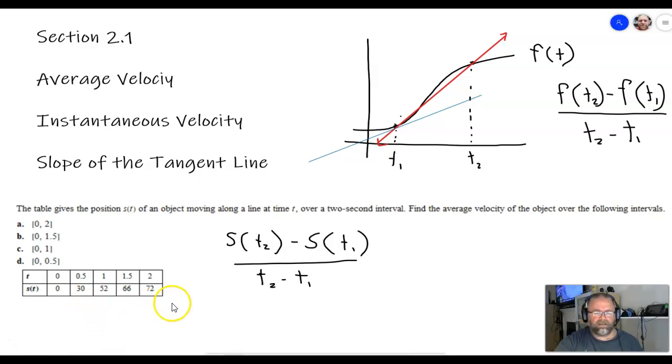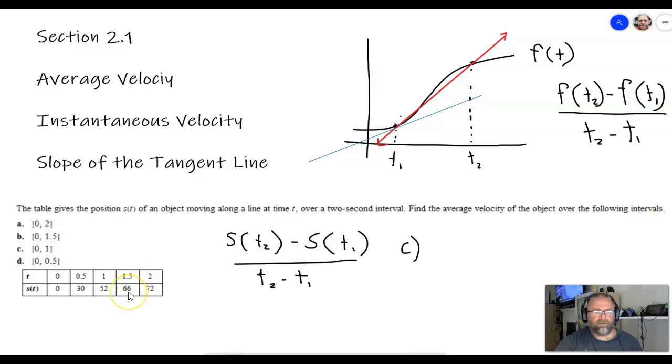Okay, let's see how you did here. So let's take a look at C first. So C says 0 and 1.5. So the first point will be our T1, the second point will be our T2. And then if we look at S of T1, we just go to the 0, and S of T1 is 0. And then for the 1.5, we go to 1.5.